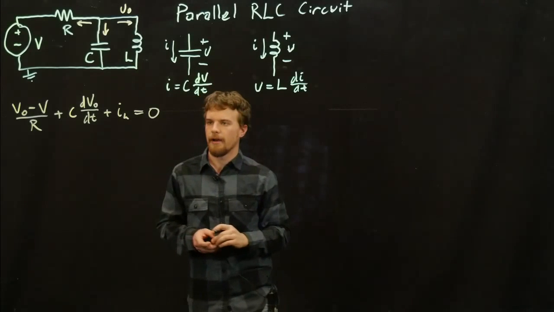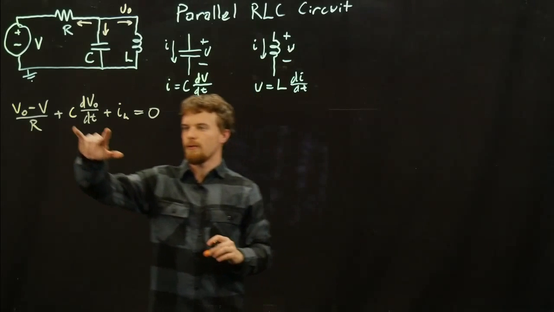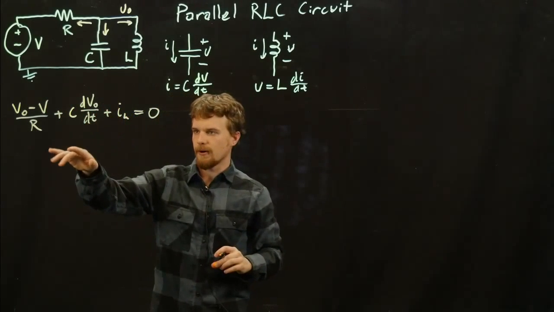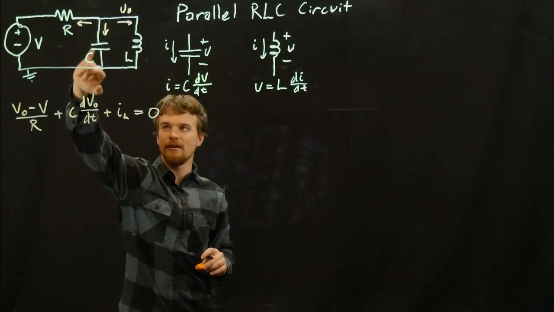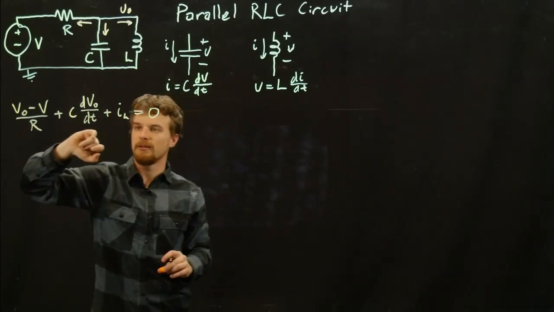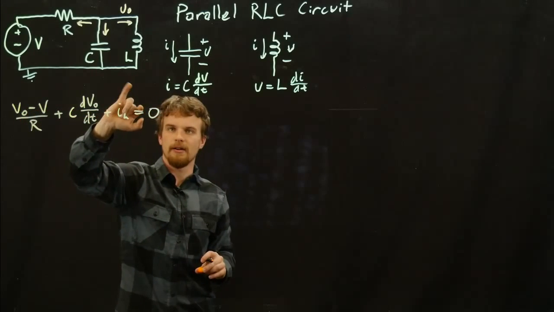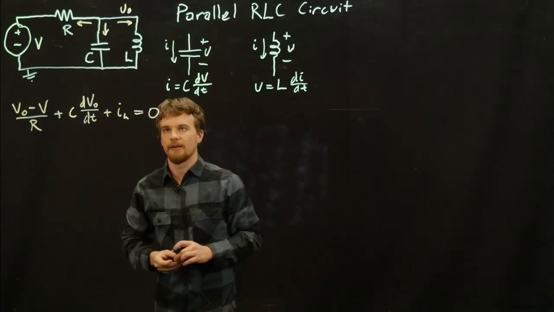Now we have two different variables in our equation, and we don't really want that. We have the current across the capacitor and the current through the inductor.